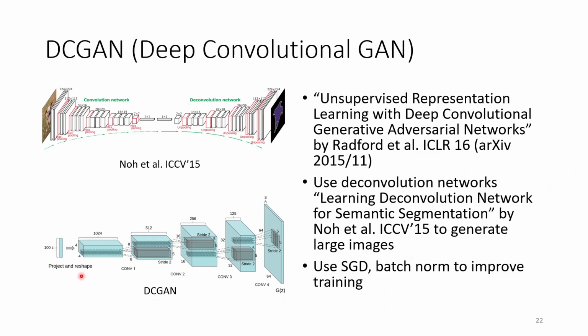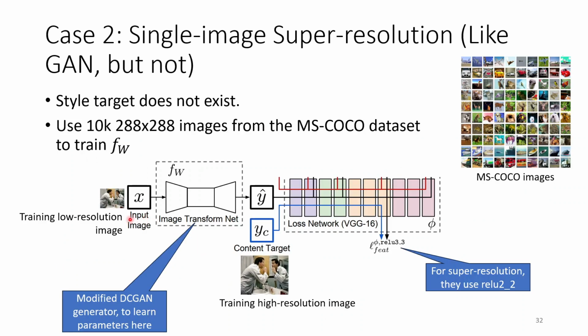Okay, the DC-GAN, what's the input of DC-GAN? Random noise. So it is not an image input. They need to modify the DC-GAN so that they can feed the generator, or rather the convolutional network, a low resolution input as is.